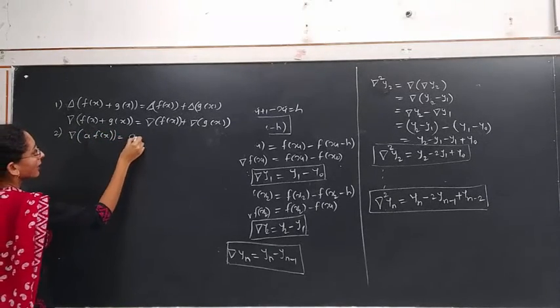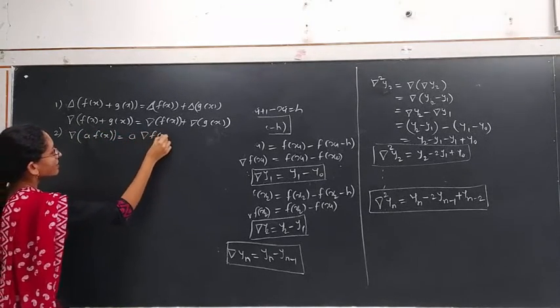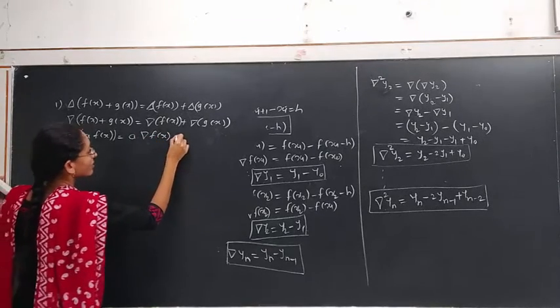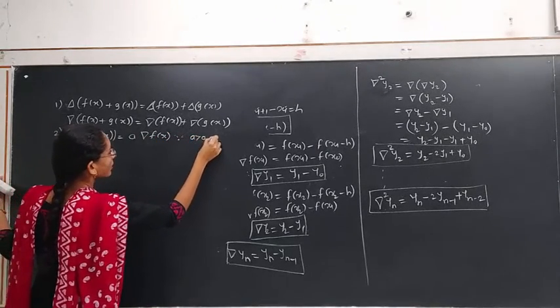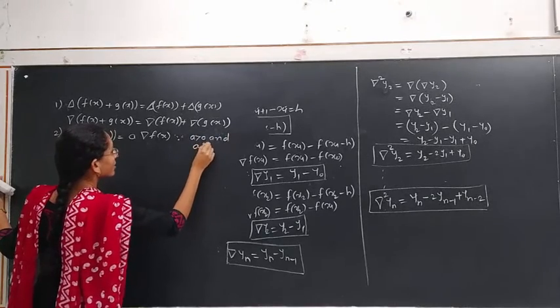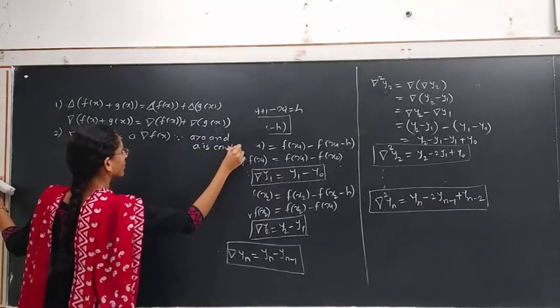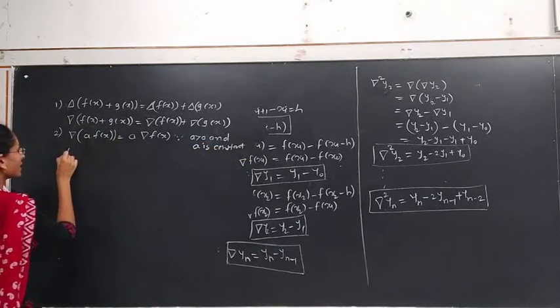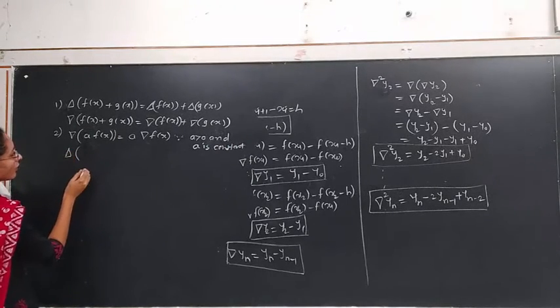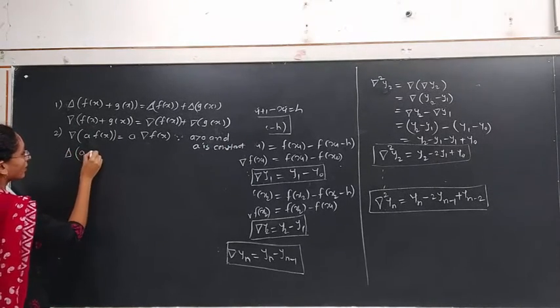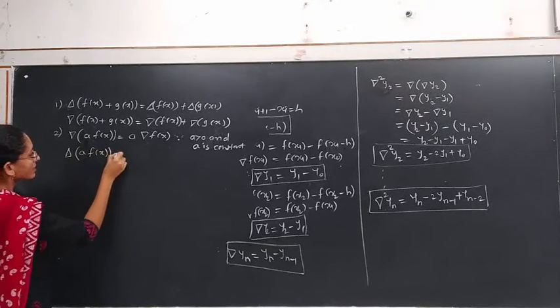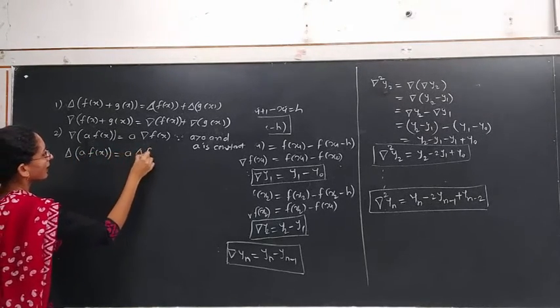Del of a into f of x is equal to a into del f of x, where a is a constant. Similarly, the first order forward difference operator of a into f of x is equal to a into del f of x.